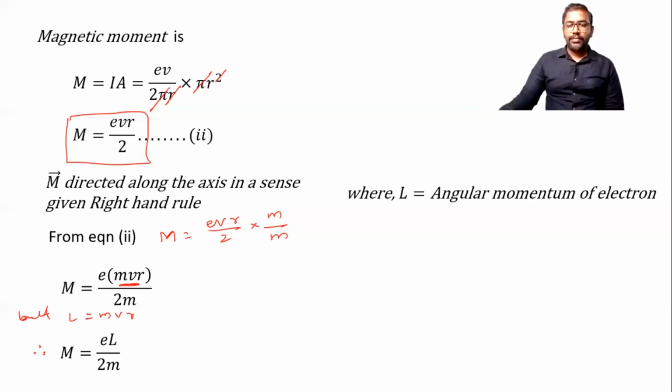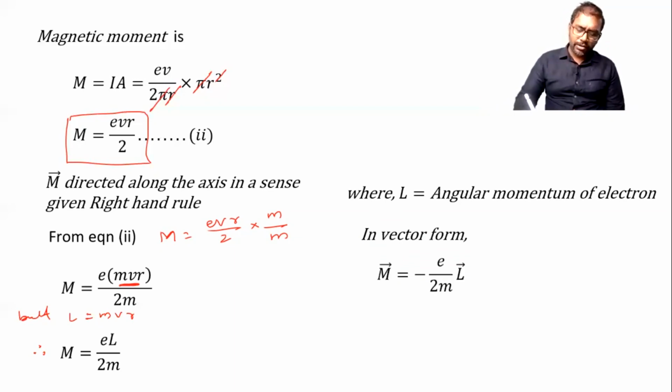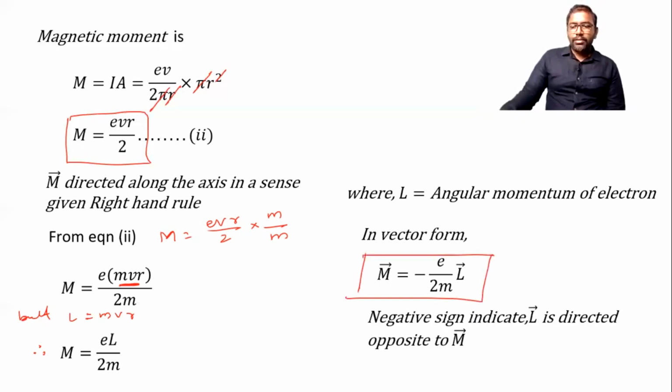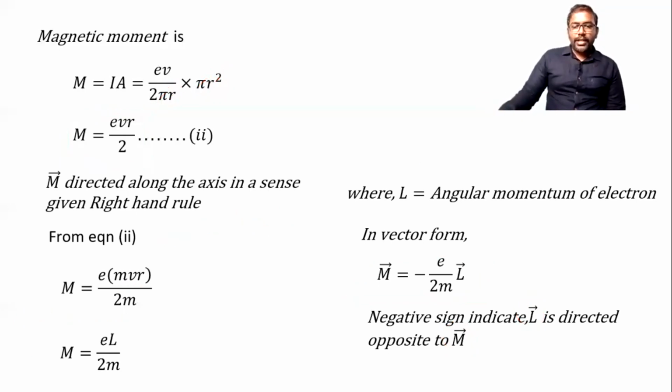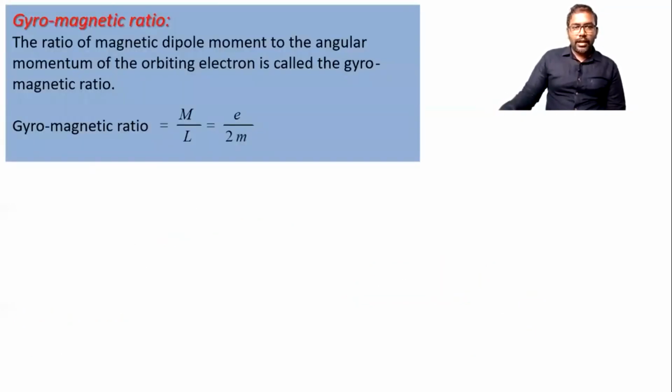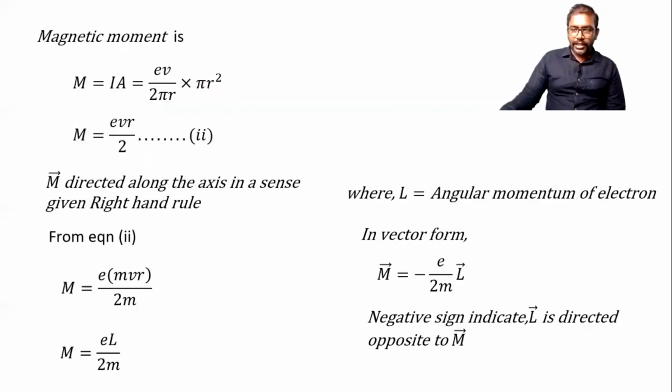Here L is the angular momentum of the revolving electron. The same formula we can write in vector form also. The negative sign indicates that the angular momentum and the dipole moment are directed opposite to each other. Now we can transfer this angular momentum to this side.